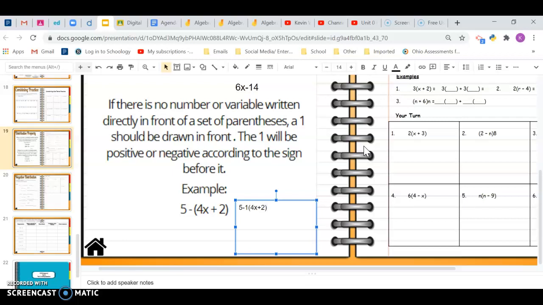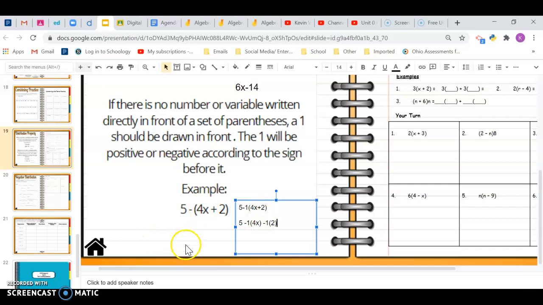So since there is a 1 in front of the parentheses with this minus sign, I am distributing not just 1, but negative 1. So when I go through to do this, I have to make sure that I am multiplying negative 1 times both of those things. So negative 1 is being multiplied by 4x, and negative 1 is being multiplied by 2.